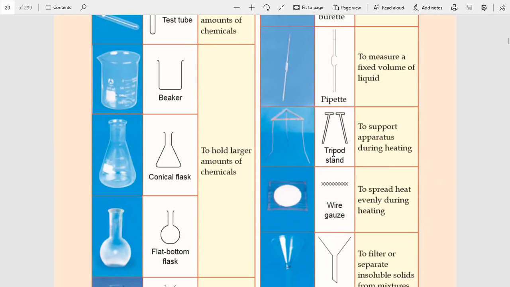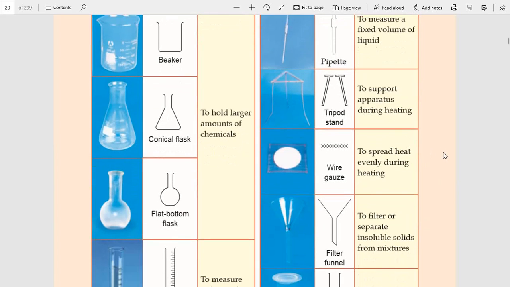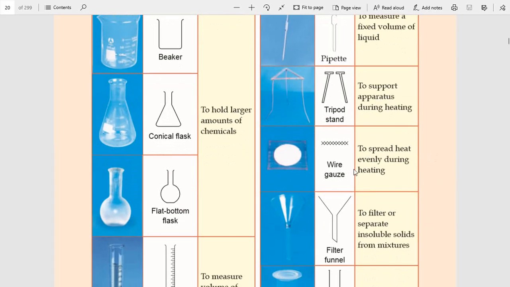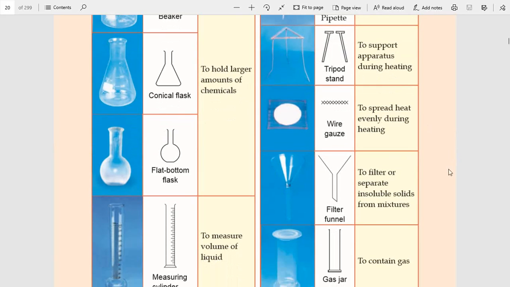Next, the tripod stand supports apparatus while heating the chemical. The wire gauze also helps the apparatus to be held on the tripod stand. We put the wire gauze on the tripod stand and put the Bunsen burner below it.